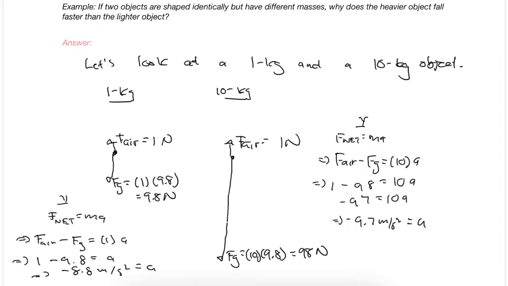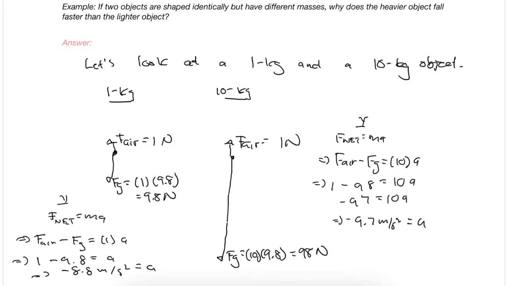And this calculation is really representative of what's going on. As you can see, the 10 kilogram object has an acceleration downwards of 9.7 meters per second squared. The 1 kilogram object has an acceleration downwards of 8.8 meters per second squared. And I think you can clearly conclude here that because the acceleration is greater downwards for the 10 kilogram object, it's going to fall faster.